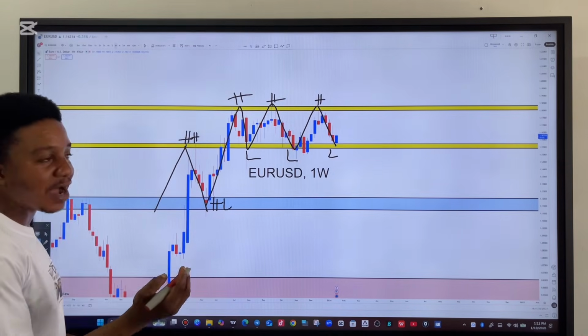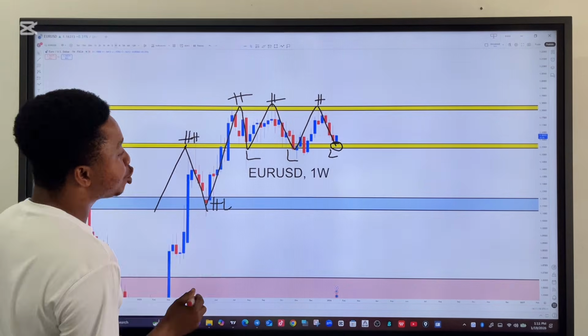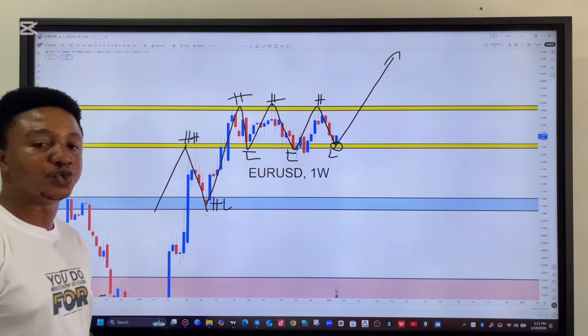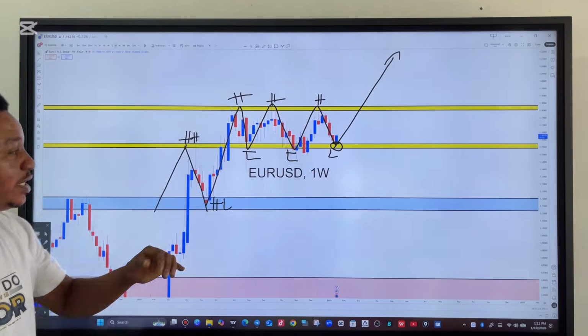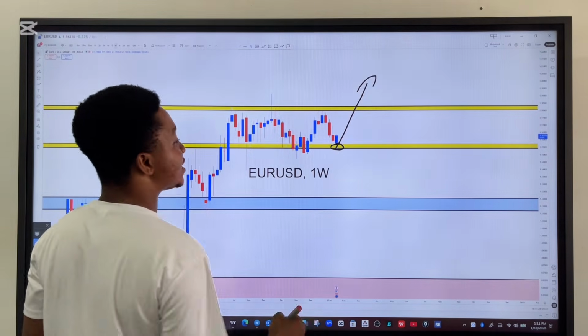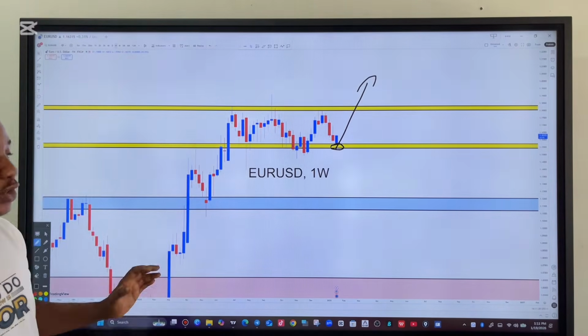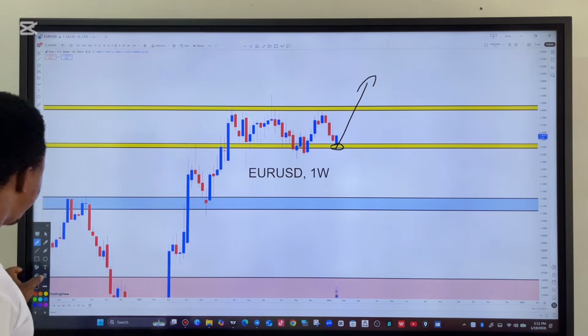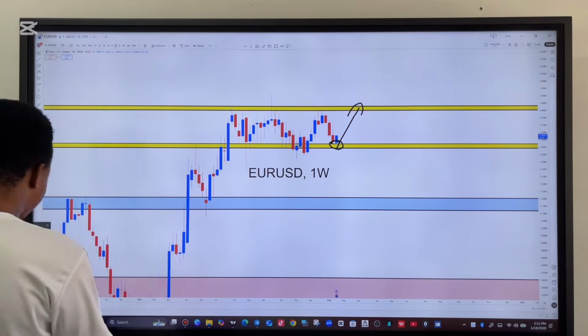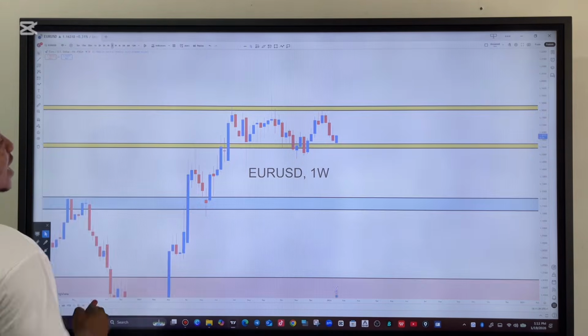So we are expecting buy pressure to kick in from this strong equal low and move the market to the upside of Euro USD. So we are preparing for entries over here to the upside since the market is also in an uptrend on the weekly. So how do we buy here on the weekly support to the upside? Let's find out as we take it further to the daily.